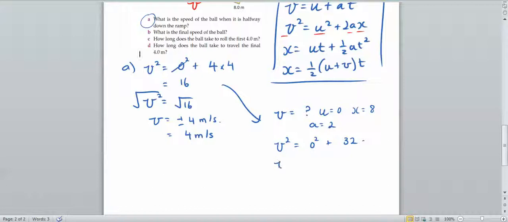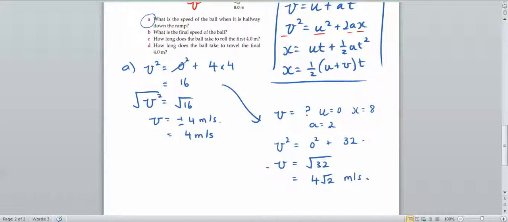So therefore our velocity at the end of the ramp is equal to, we're going to take the square root of both sides, so the square root of 32, which is, well, 32 is 16 times 2, so 4 root 2 meters per second.